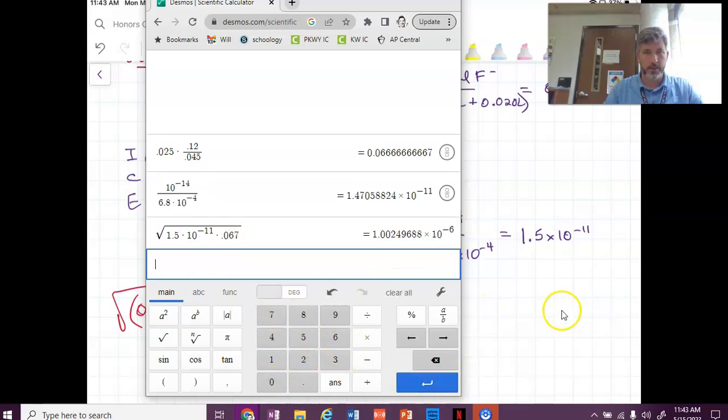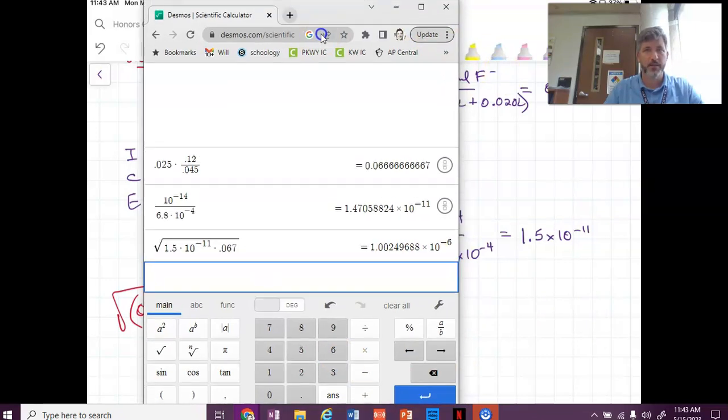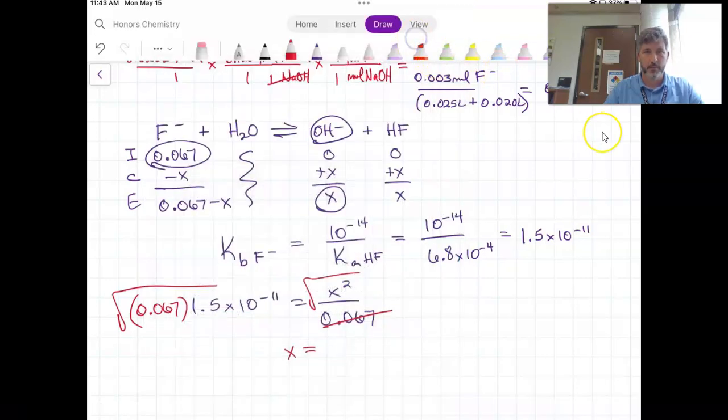And that should give us our hydroxide. So 1.0 times 10 to the negative 6. Oh, this is going to be easy. All right, so x equals 1.0 times 10 to the negative 6 molar hydroxide.